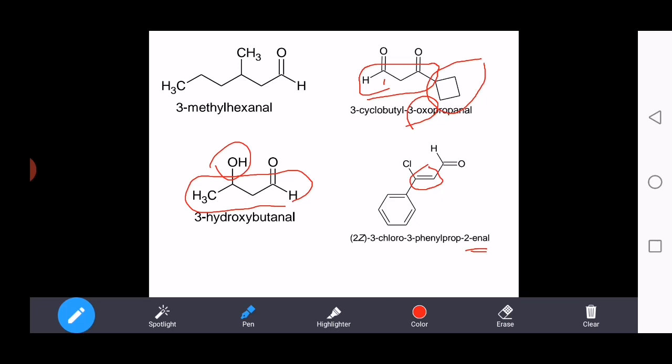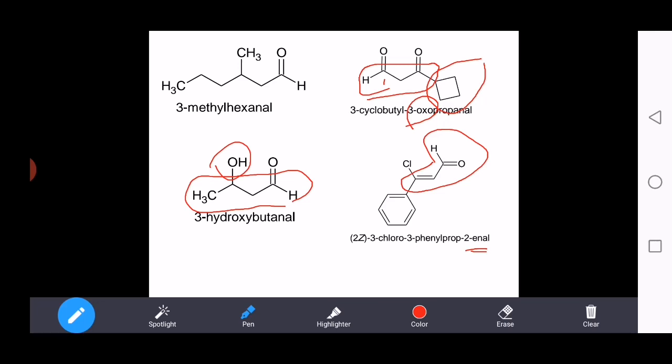Okay, so now you need to find the longest carbon chain involving the aldehyde, which is this one. So there are 3 carbons, 1, 2, 3, and at the second carbon there is a double bond, that's why we get en, so we get propenal.